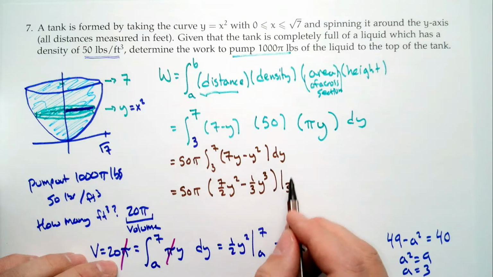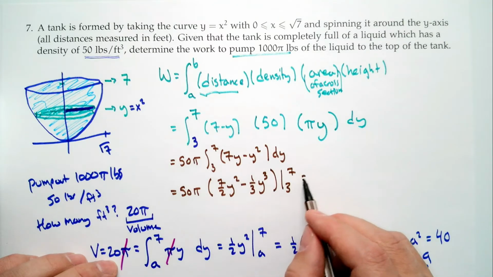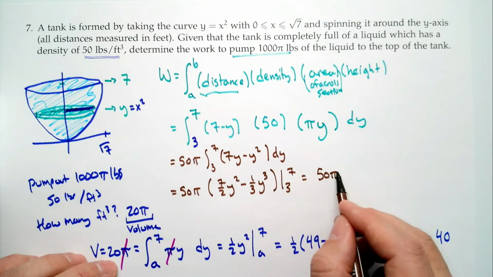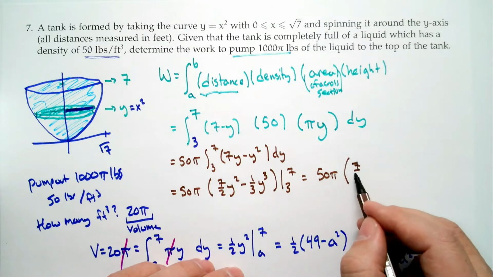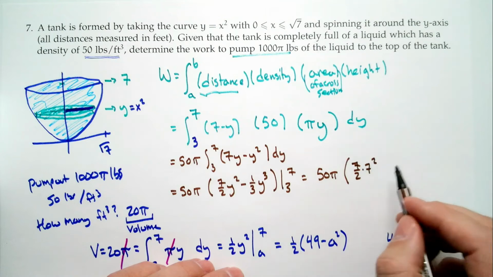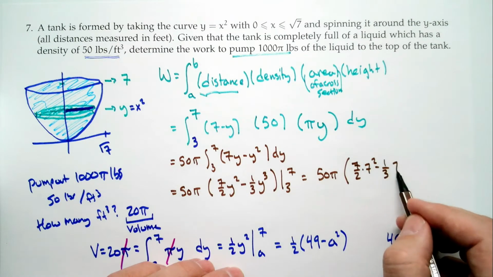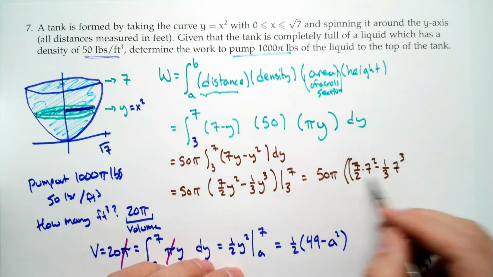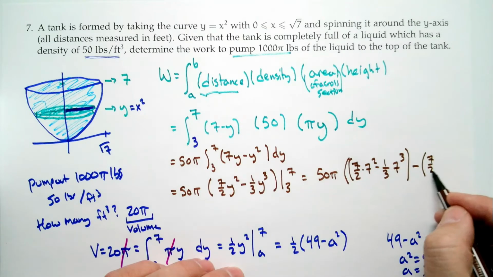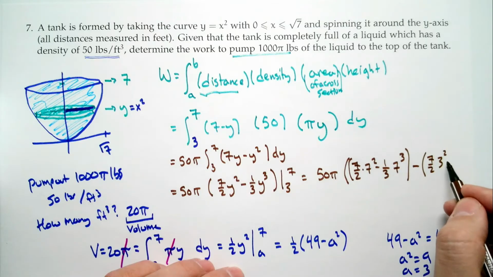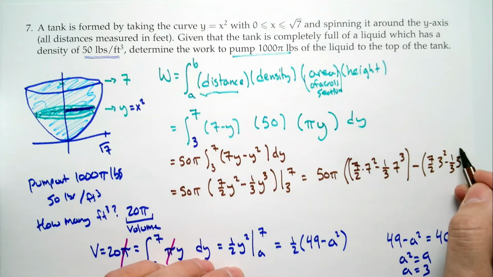Evaluate that from 3 to 7, which is 50 pi times 7/2 times 7 squared minus 1/3 times 7 cubed, subtract 7/2 times 3 squared minus 1/3 times 3 cubed.